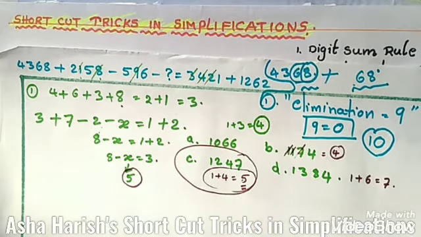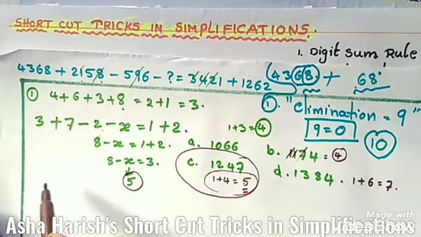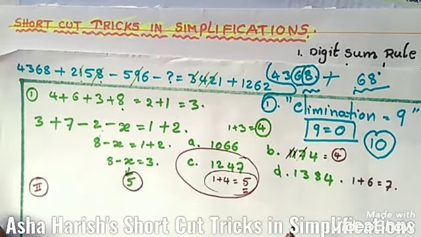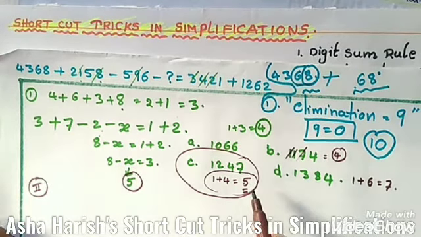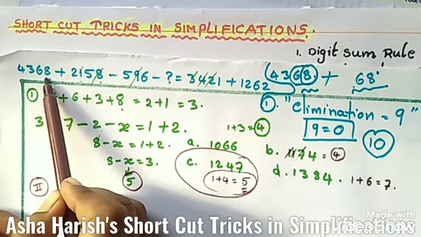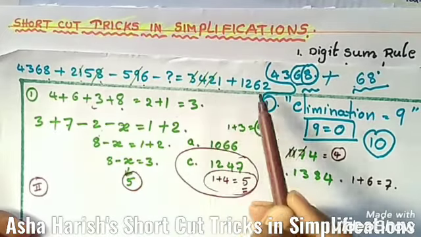Okay, right. Now this is about rule 1. Now coming to rule 2, the units place method. Just by observing the ones place: here in the ones place 8, here also 8, here 6, here 1, here 2.